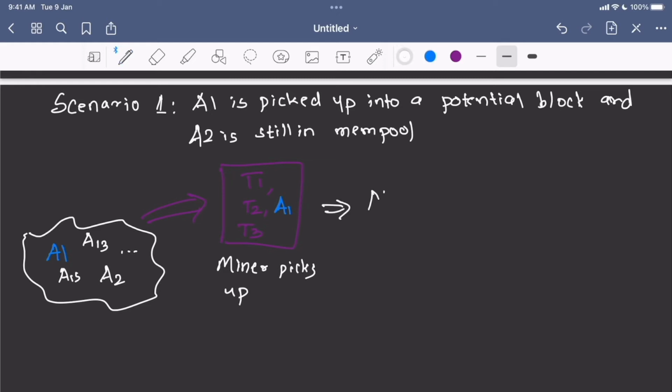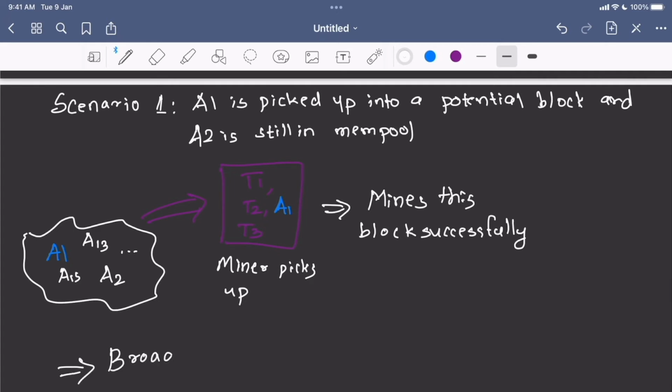And let's say that miner mines this block successfully. Then what will happen? If a block is mined, then it will be broadcasted to all other nodes. Now these nodes can accept or reject the block on the basis of the block's validity of transactions. So now let's assume that this was accepted.